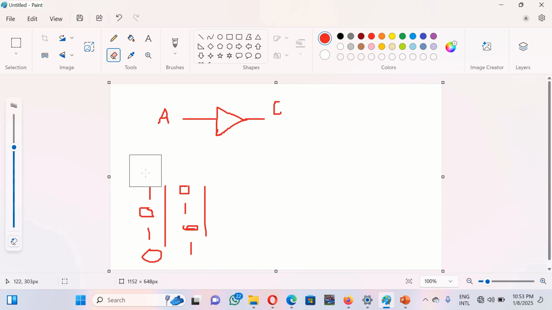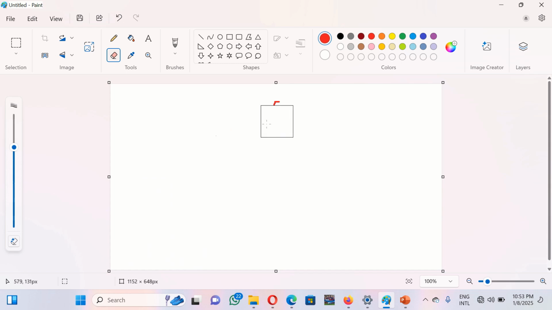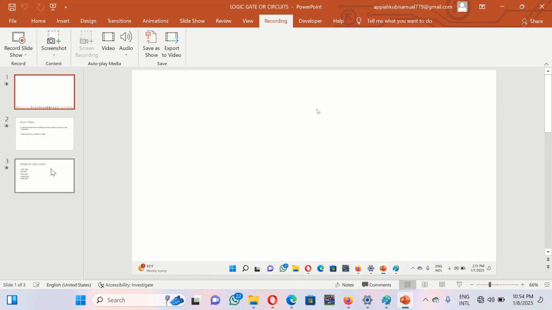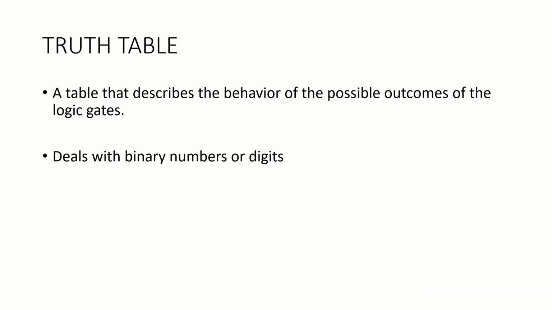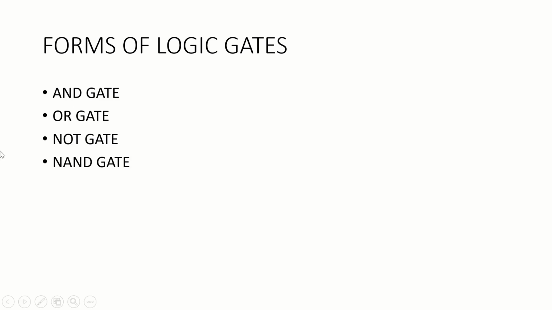All right, so let's get to the NAND gate. For the NAND gate, as we see here, the NAND gate is a combination of two gates, which are the AND gate and the NOT gate.